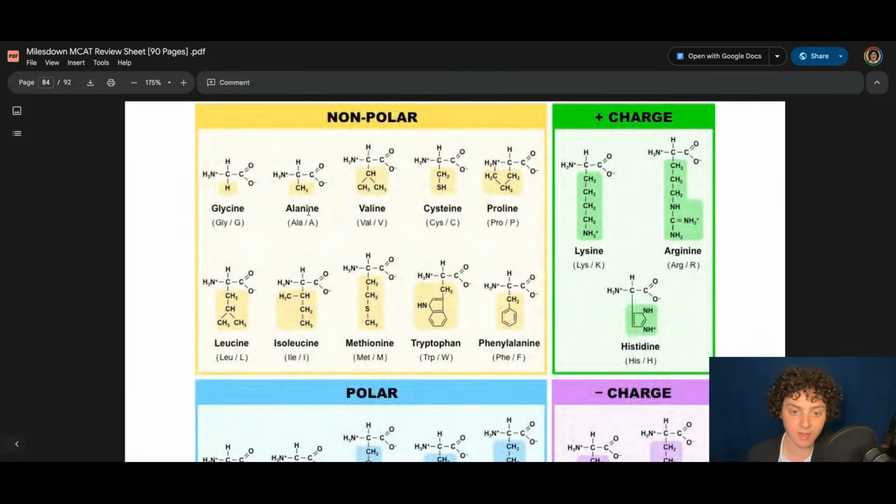So this is alanine, and it has a methyl group. Then there is valine, which has C bound to H and then bound to two other C's. So it sort of forms like a V. So that's valine. We're still hydrophobic here.